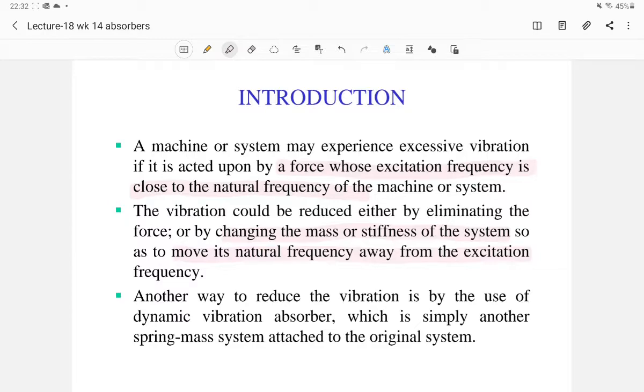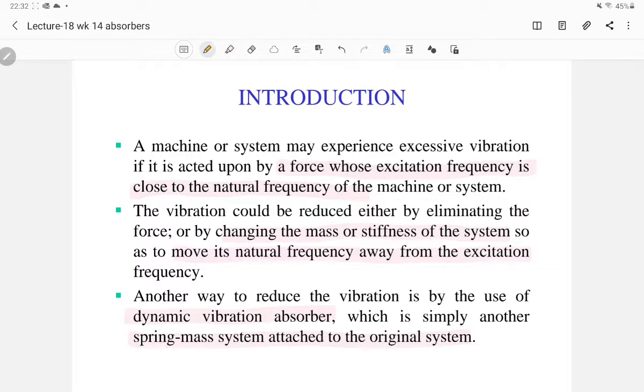Another way to reduce the vibration is by using the dynamic vibration absorber, where you attach another spring mass system to the original system. If you remember in the previous lecture, the whole system, the machine plus the isolator, we saw as a 1 degree of freedom system.